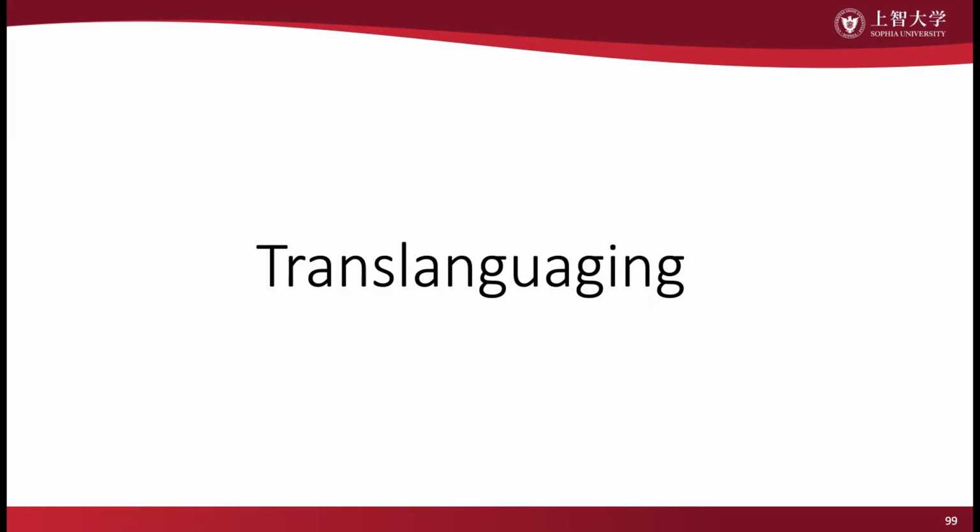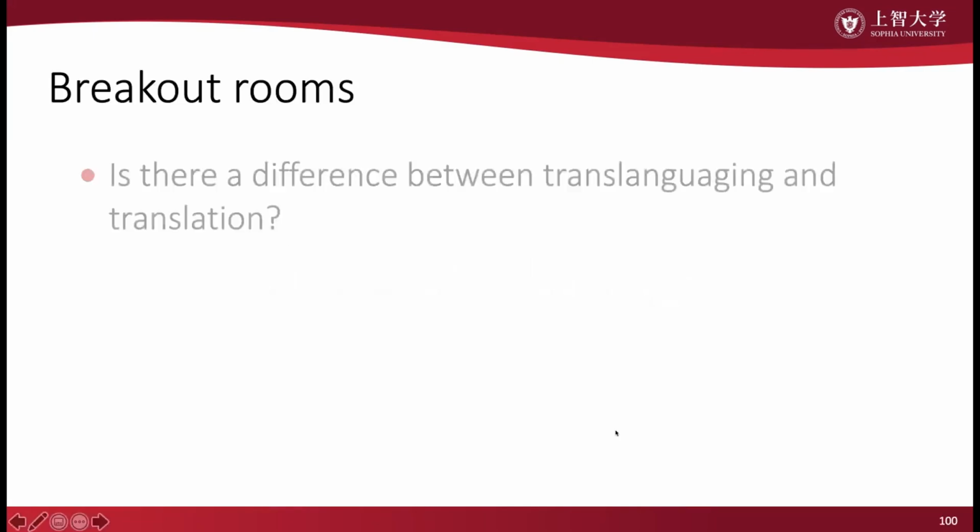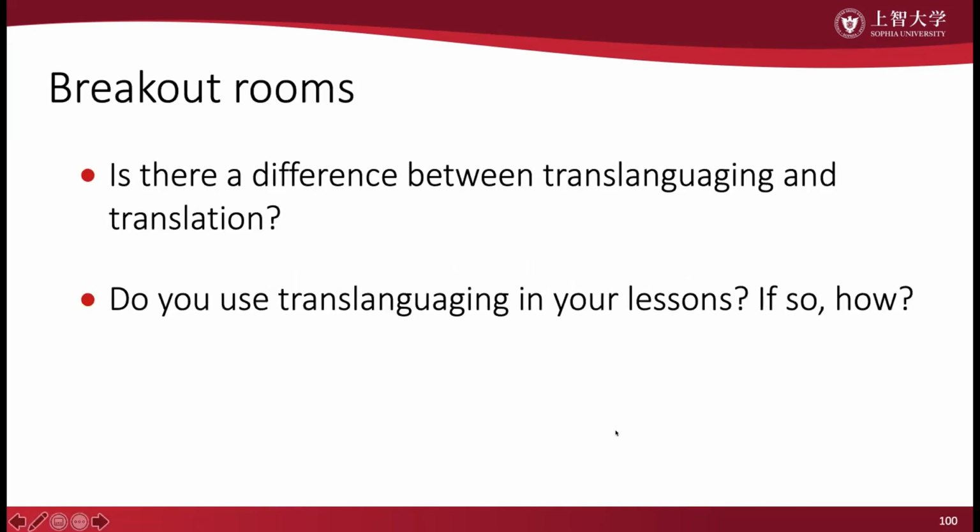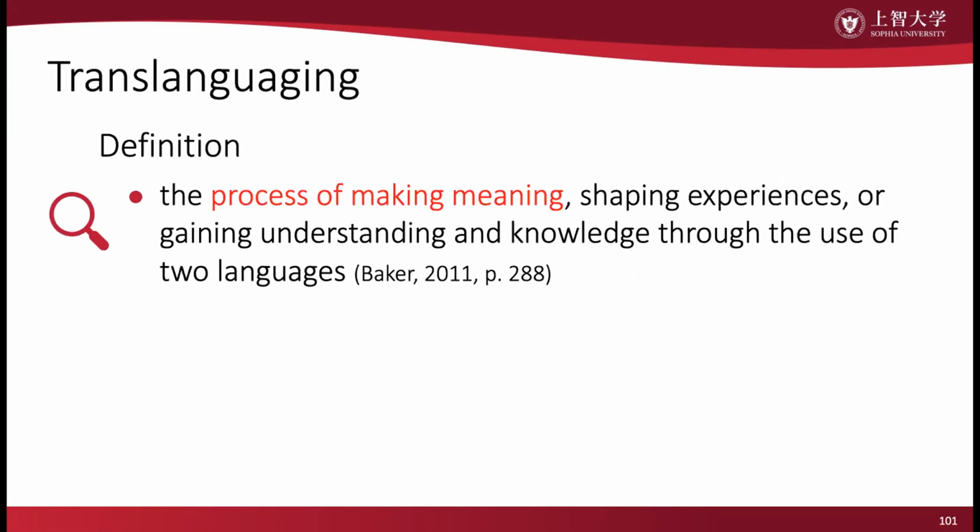Yeah, no worries. So if we had time, I would have loved to discuss translanguaging in the breakout rooms as well, but I want to quickly try to cover this last concept because it's becoming popular and it's very important in CLIL. So according to the theory, translanguaging is the process of meaning making, shaping experiences, or gaining understanding and knowledge through the use of two languages.